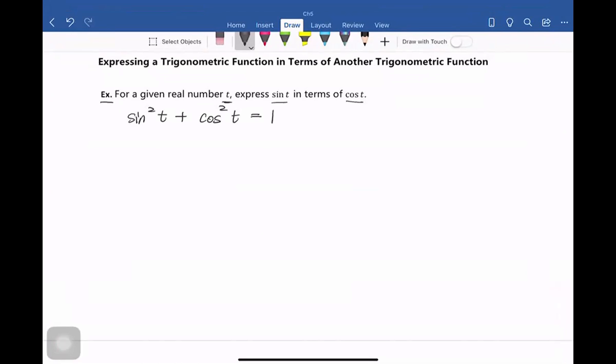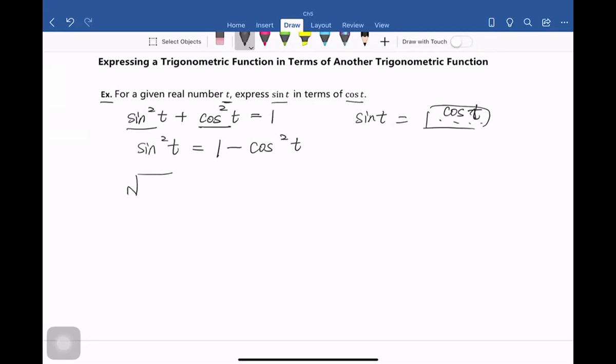If we want sine t in an expression with cosine t, we just subtract cosine t squared from both sides. Sine t squared equals 1 minus cosine t squared.